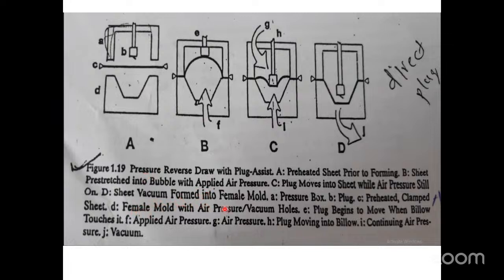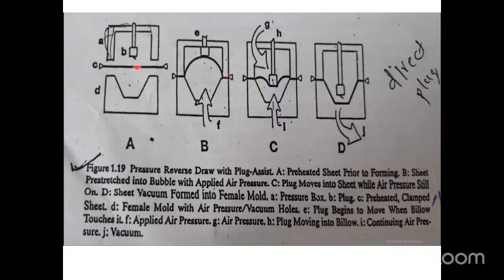Sheet vacuum formed into the female mold, right? See now this is the female mold here. This is a box here. This is a plug here. See now, the plug moves into the sheet while pressure is applied. First you have to pass compressed air here so that the sheet gets a dome-like structure.